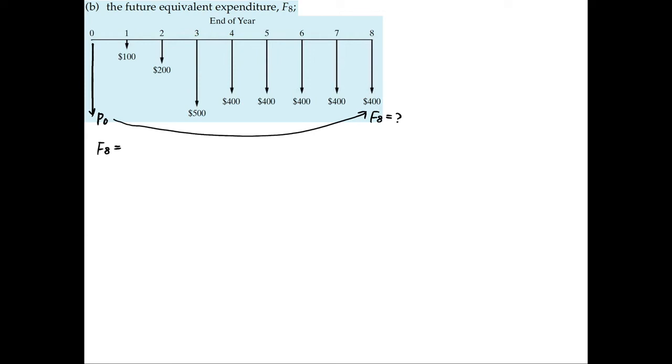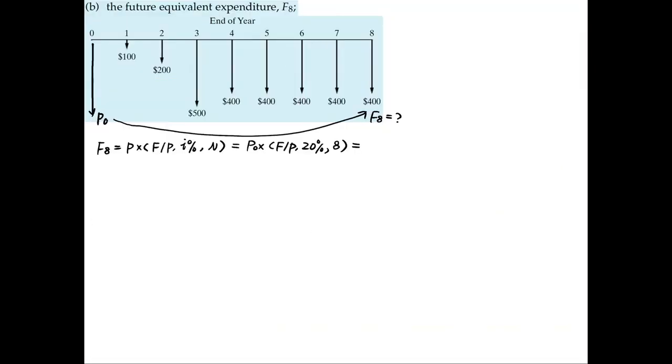So F8, the equation is to find F given P. It's P times a factor F/P, i%, N. The P is P0 times F/P 20%, because you need to compound 8 times, 8 years.